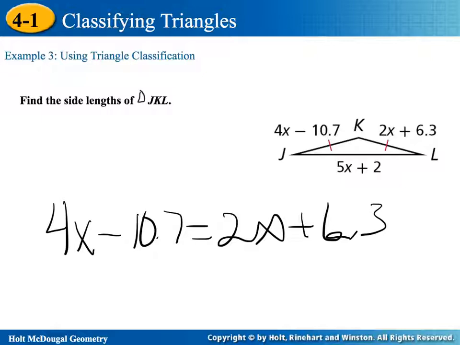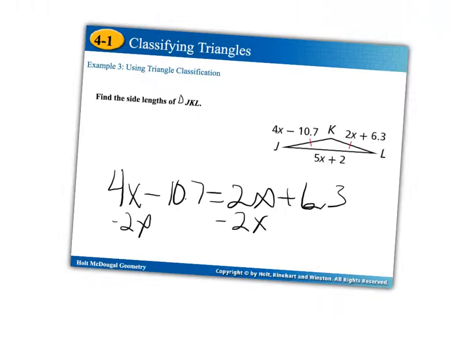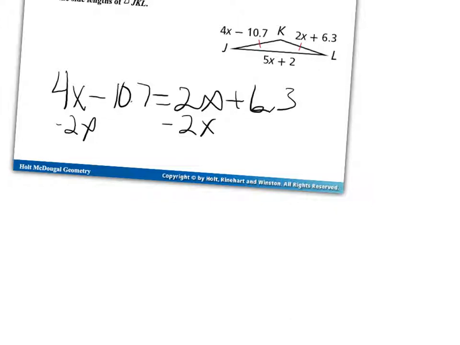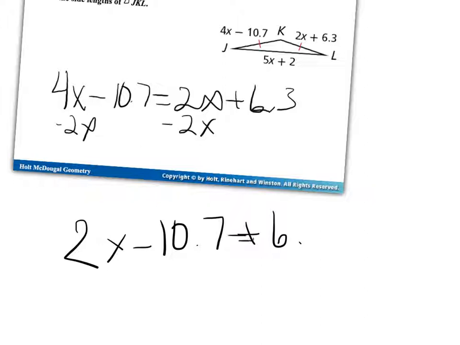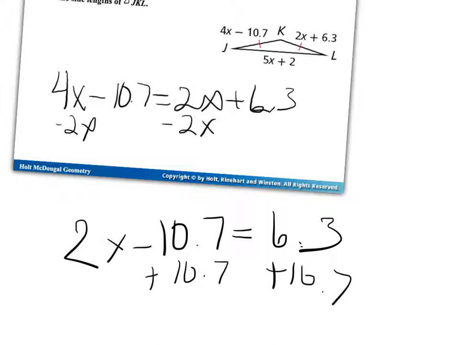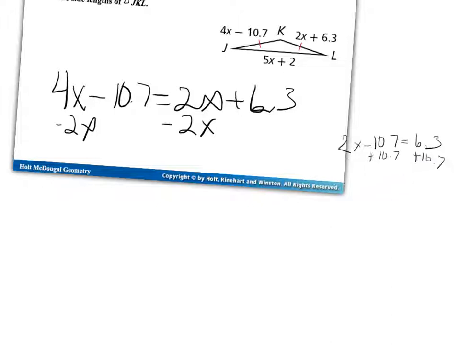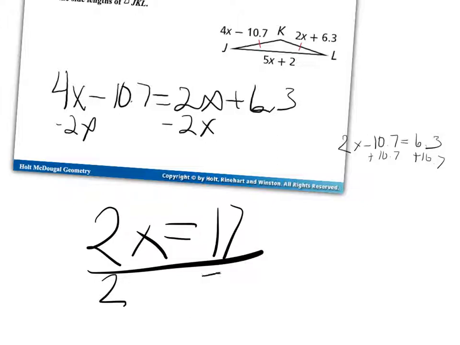I'm going to subtract the 2x, and I get 2x minus 10.7 equals 6.3. Add the 10.7, and I get 2x equals 17. Divide both sides by 2, x equals 8.5.